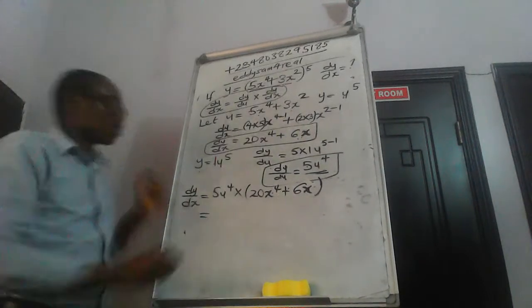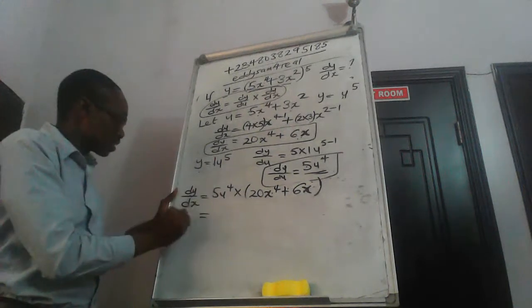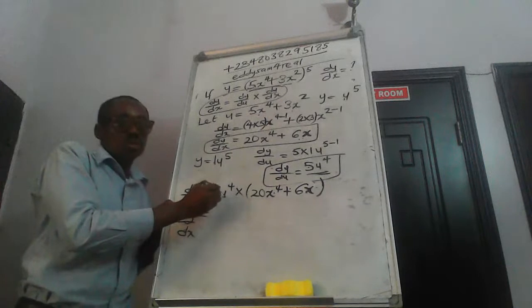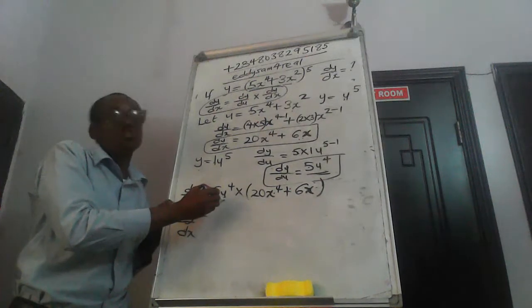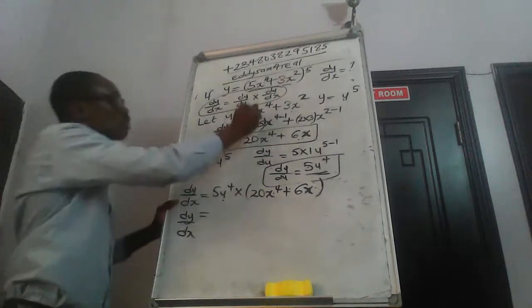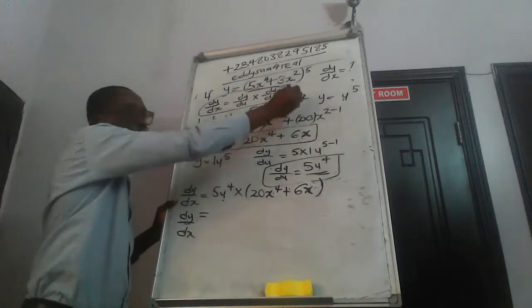So at the end of the day, to get dy/dx, we only brought in this u to make it easier for us to solve. This u is not going to reflect in our final answer. So what was u? u was 5x^4 plus 3x^2. So we're going to bring 5x^4 plus 3x^2 to replace u.